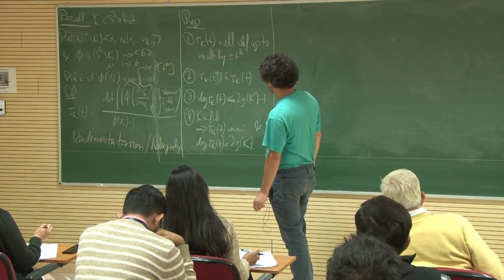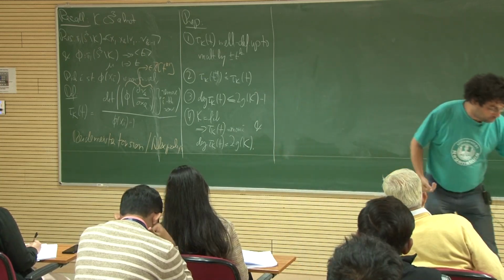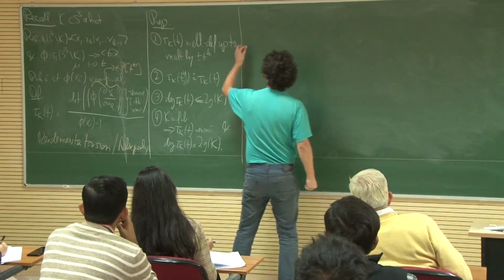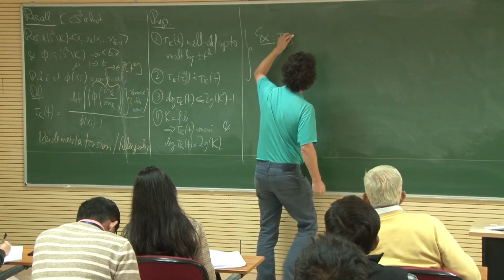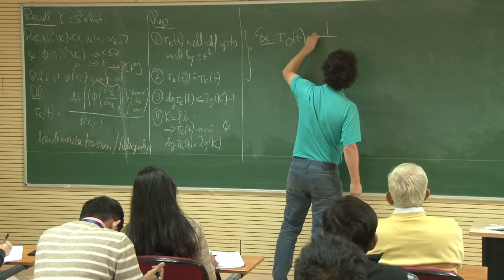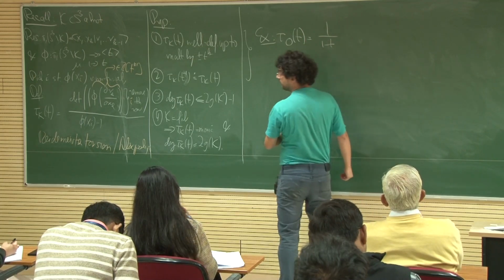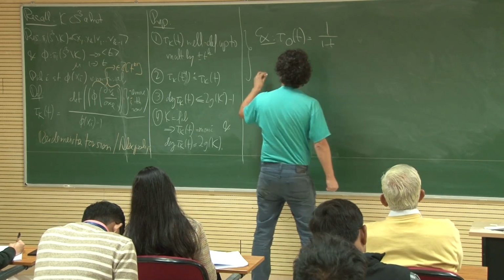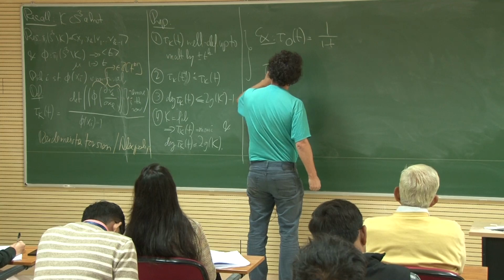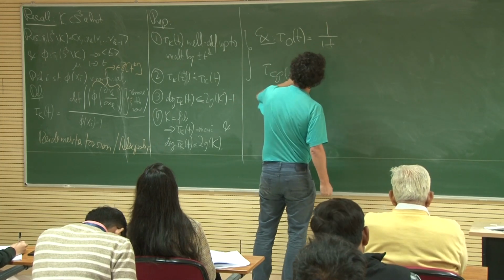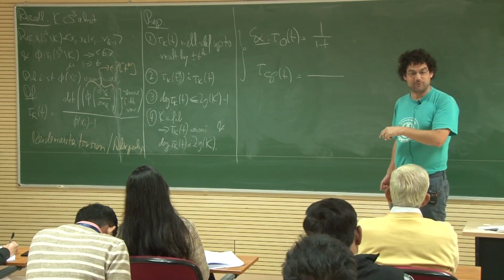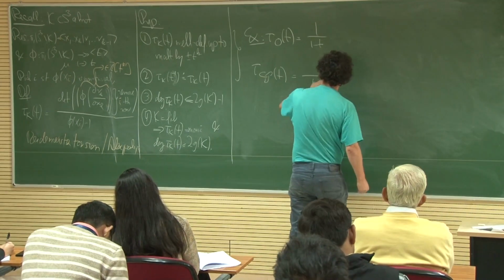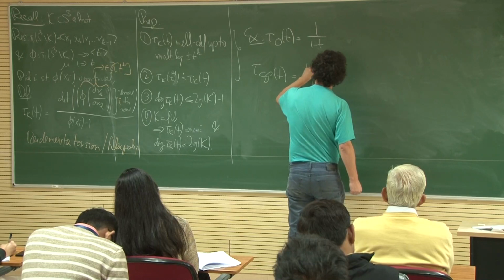Okay, and perhaps let me write down two examples. If you have the unknot, then you get 1 over 1 minus t, or t minus 1, doesn't matter. And the other one is the trefoil: as I was saying, you get the same as the Alexander polynomial divided by t minus 1.